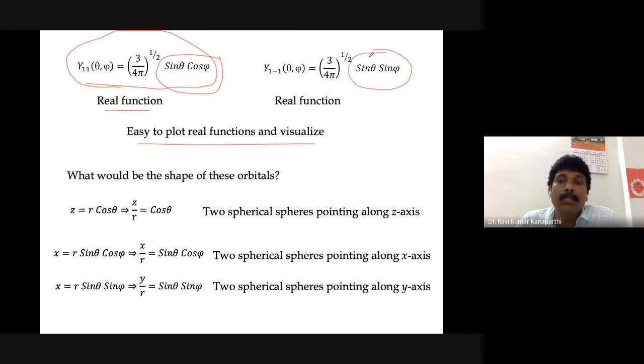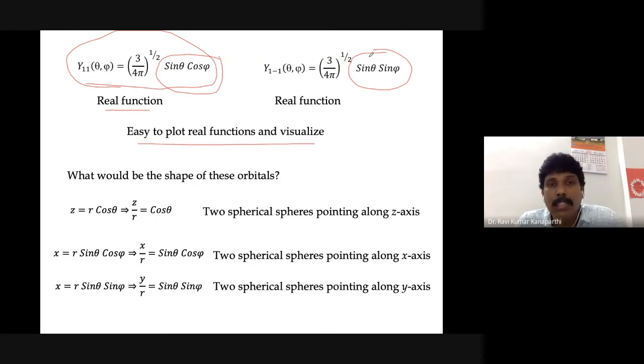I suggest all of you take a printout of a couple of polar graphs and practice these things. Take sine theta cos phi. We know how the values of sine theta cos phi change. Theta changes from 0 to pi, and phi changes from 0 to 2 pi.